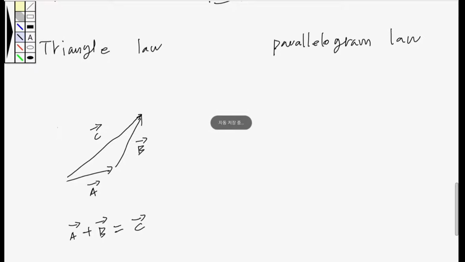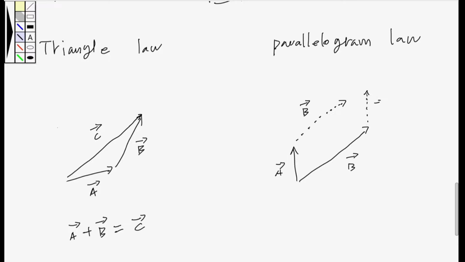And parallelogram law is similar too. Vector A is here and vector B is here. And this is the same as vector B, and this is the same as vector A. My drawing skill is an issue, but it is going to be like this way.